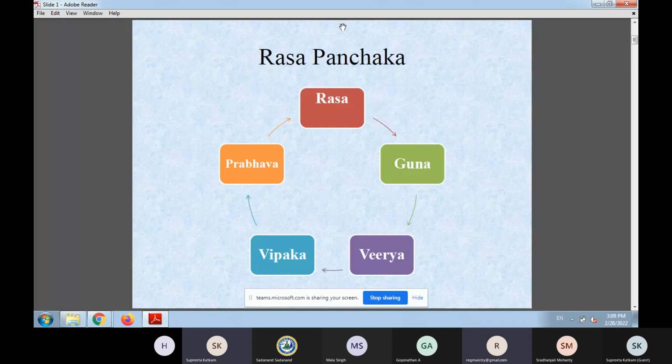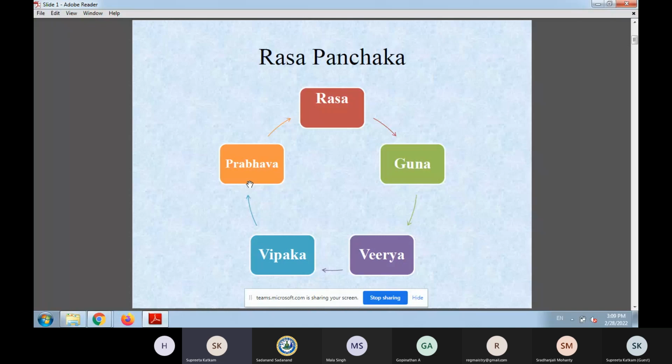Every substance or every medicinal plant has these 5 things: rasa, guna, virya, vipaka, and prabhava.